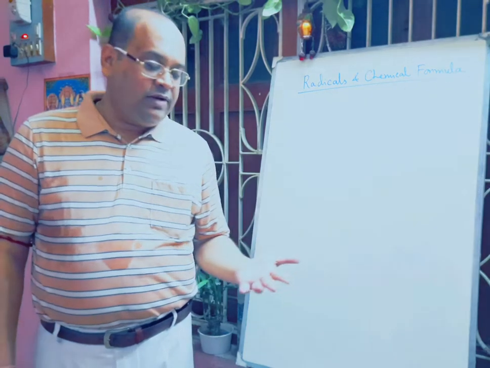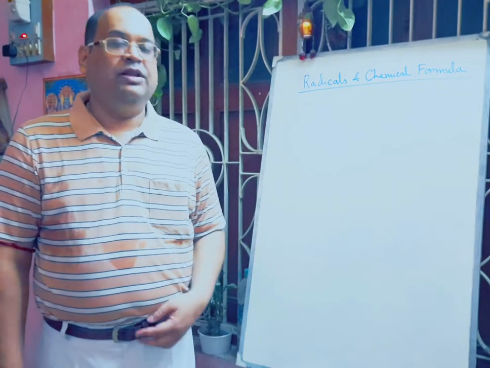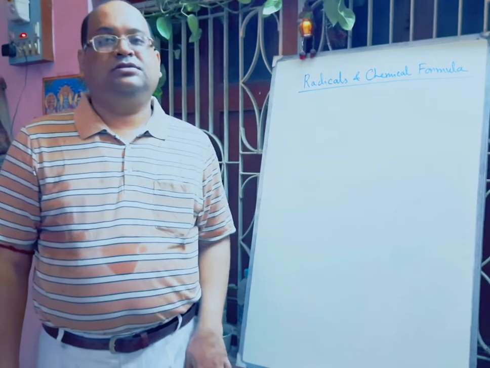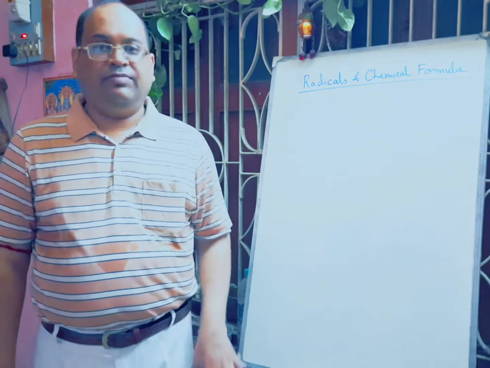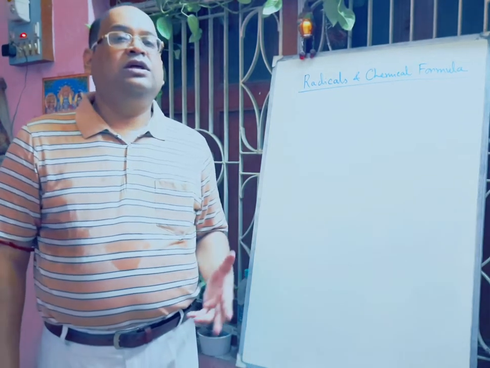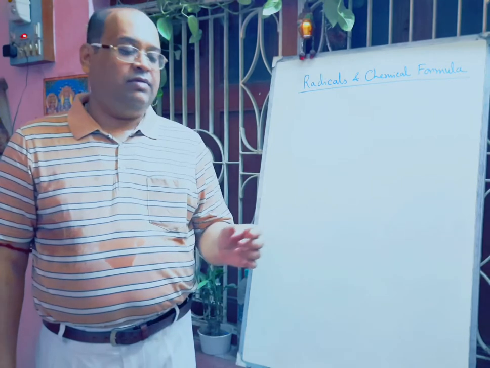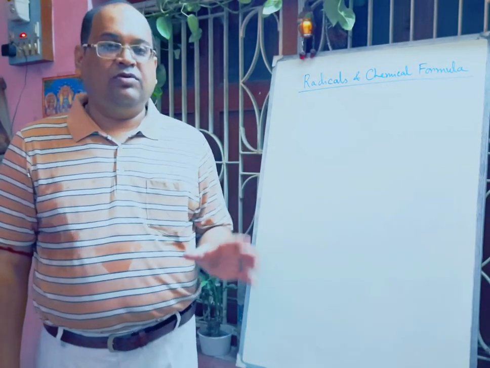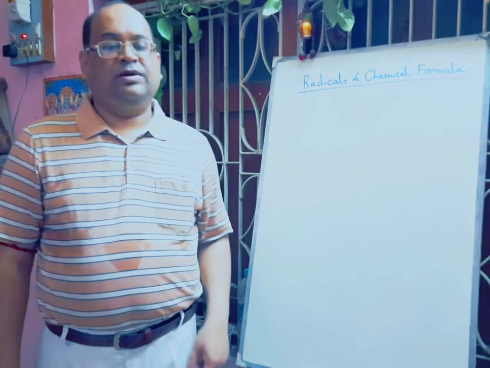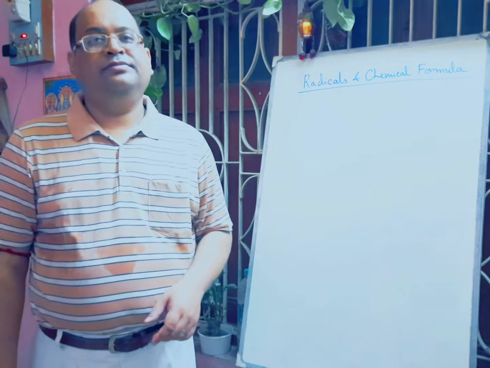But in your exam, only what is given in your book will come. Your book is your syllabus. So whatever radicals are given in your book are for your exam purpose. If you want to know more, you have to study the book The Language of Chemistry. Here there is only one chapter in your book called the language of chemistry. I am telling about one book, named The Language of Chemistry. You can search on the internet and you will get it.